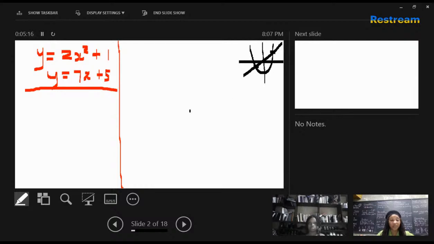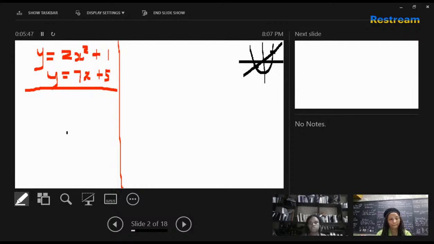That's what we mean when we say we're solving simultaneous equations, one linear, one quadratic. We're finding out what is the x value and y value for the 2 points, usually 2 points, where the line or the linear meets the quadratic function. So how would we approach this? How would we solve it?